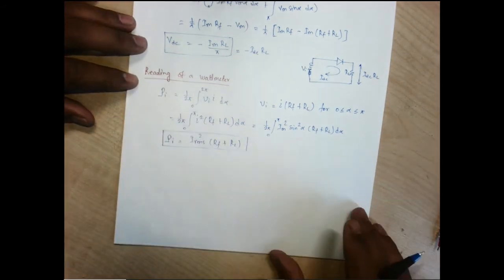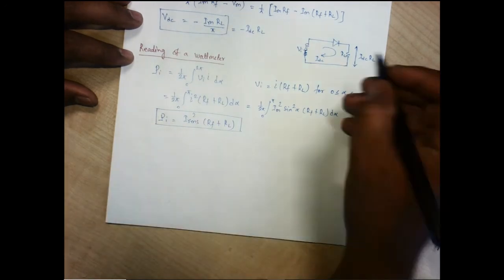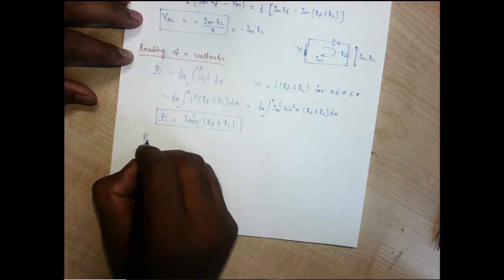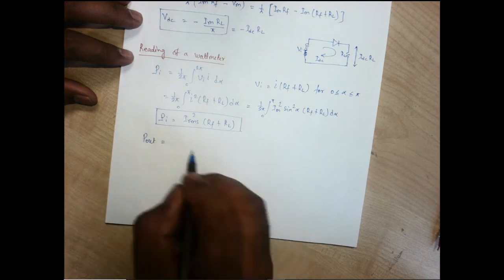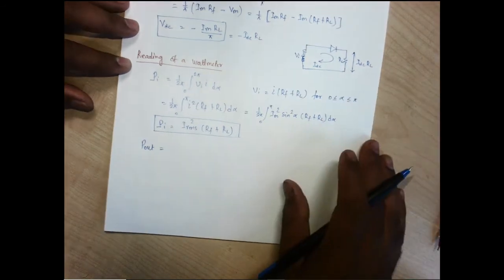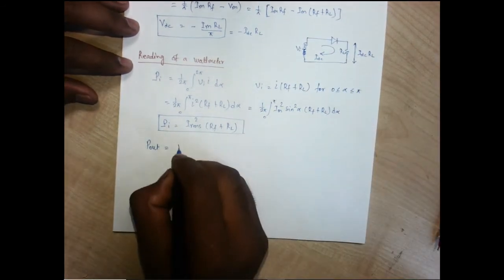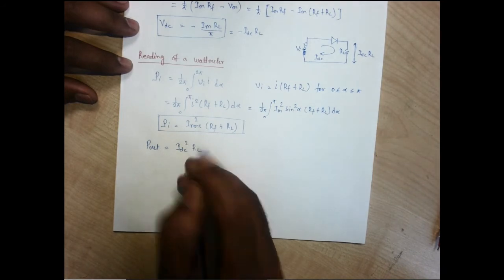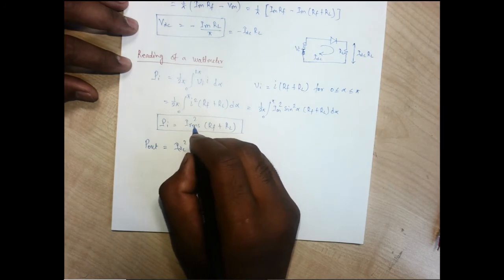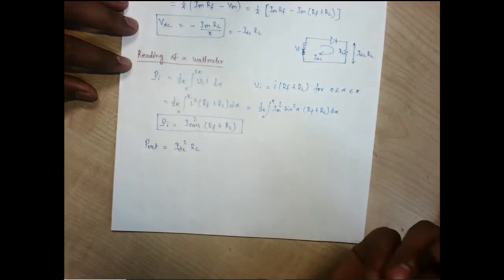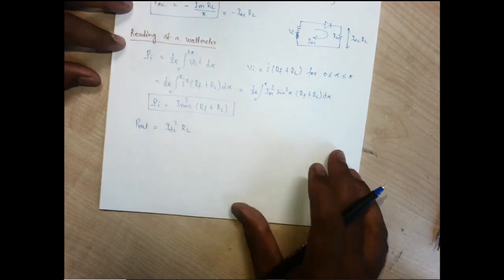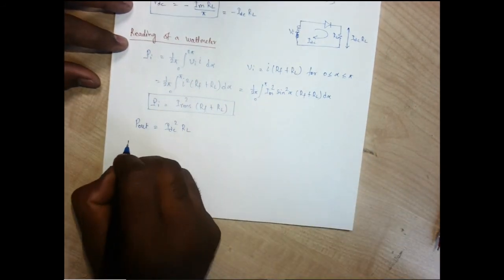So what will be the output power? It is IDC square into RL. That is the simple P out: the voltage and the current across this load, IDC square into RL. This IRMS can be written in terms of Im, and this IDC can also be written in terms of Im. So what will be the efficiency?